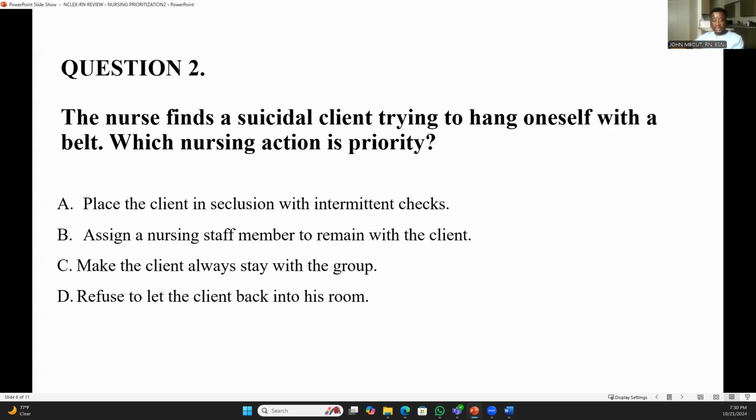This will aggravate the situation and make the client more suicidal. It will damage the self-esteem of the client and does not provide any adequate monitoring. The client is there alone in the room. This is a client who has suicidal thoughts, right? C and D do not guarantee any safety. So that's how you look at it.